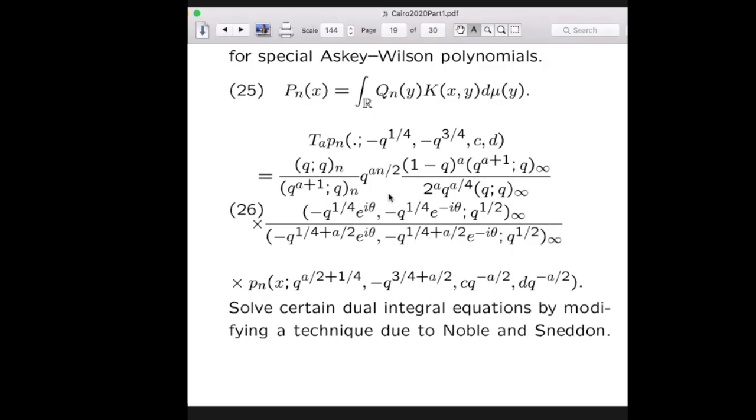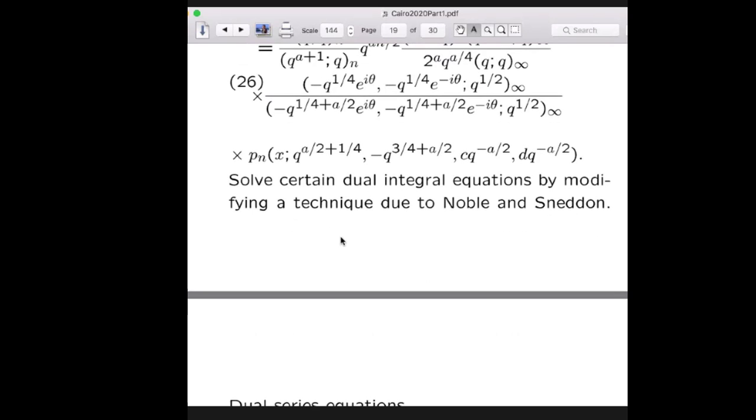The n's that appear here can be absorbed in renormalizing the polynomials. So the result is that the formula is indeed a transmutation relation. Okay, so this is in the first paper.